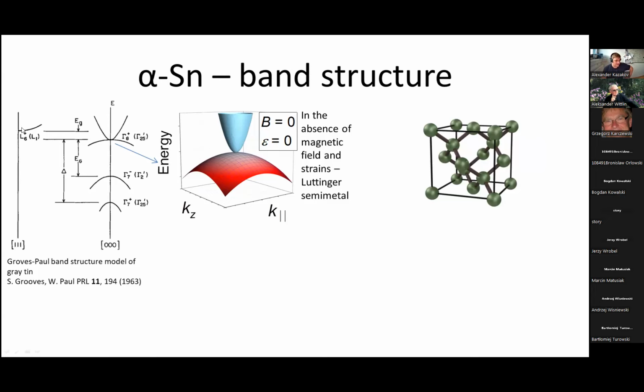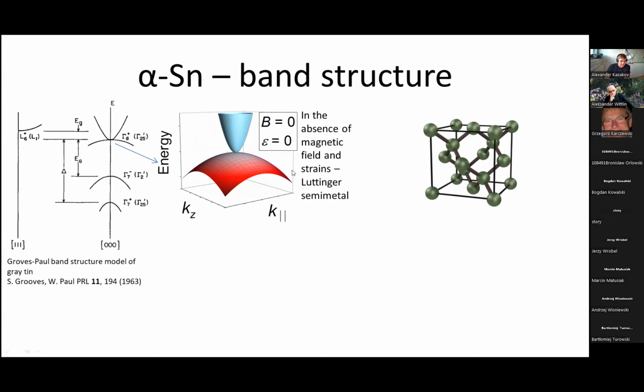We also have a small pocket at the L point, which is lying a little bit higher than the edge of the conduction band. We will concentrate on this part where the conduction band is touching the valence band. It has such a shape, so it's a zero gap semiconductor with parabolic dispersion, or Luttinger semi-metal.